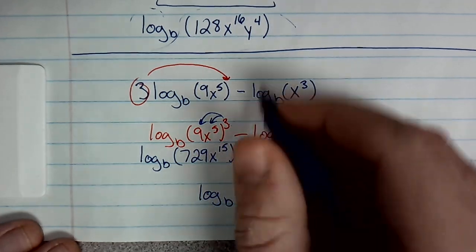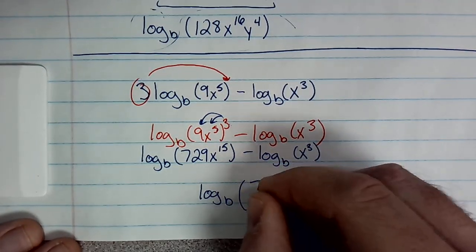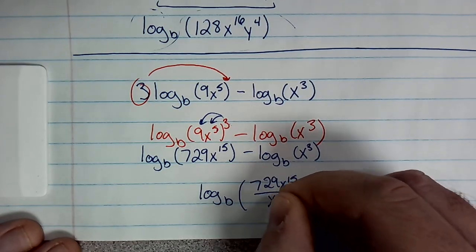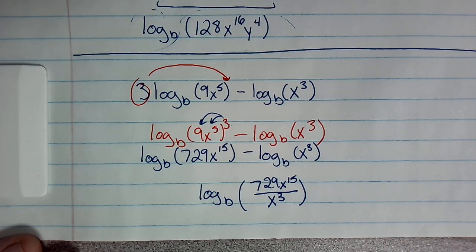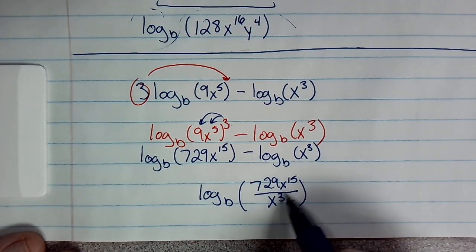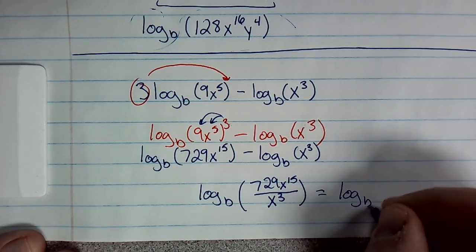Up here when we added, we multiplied. So when I subtract, I divide. Again, this is pretty much a powers rule review. When I'm dividing, what do I do with my exponents?